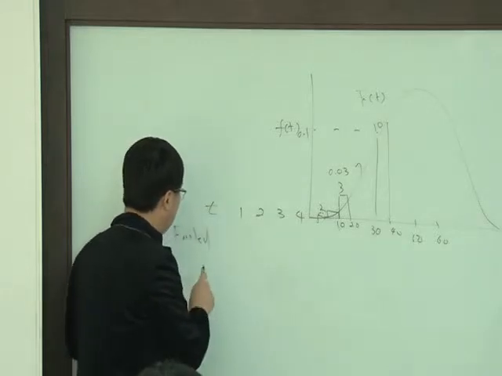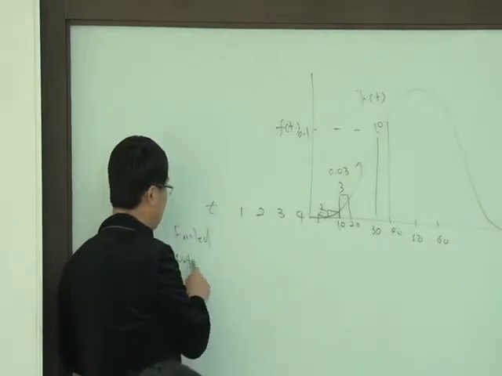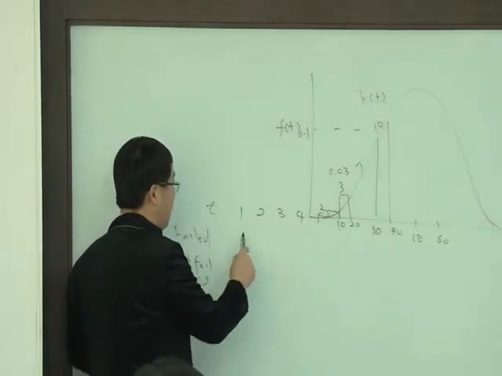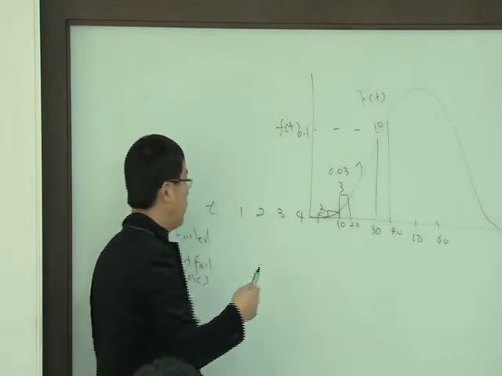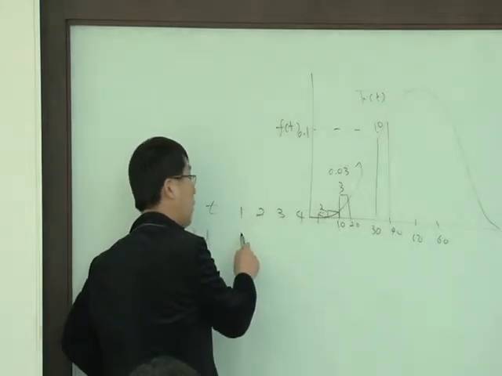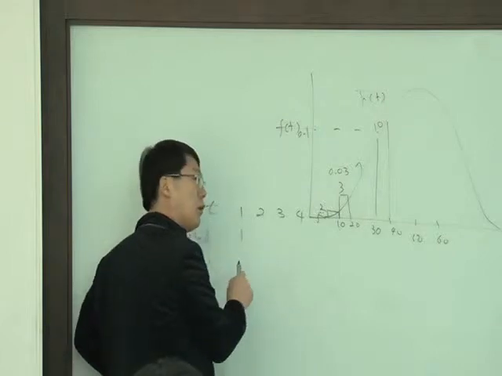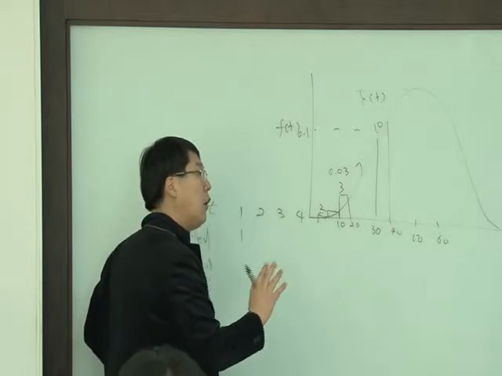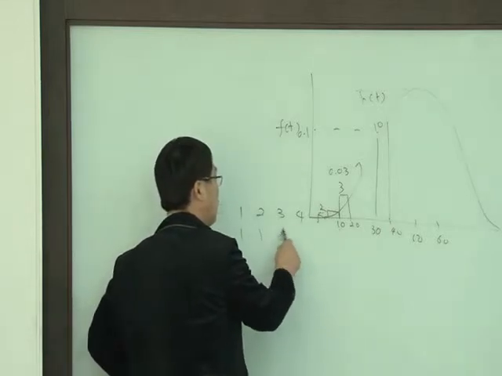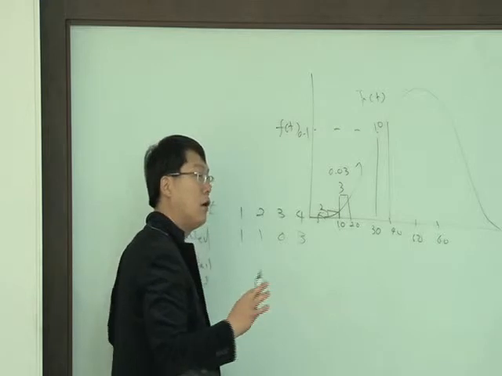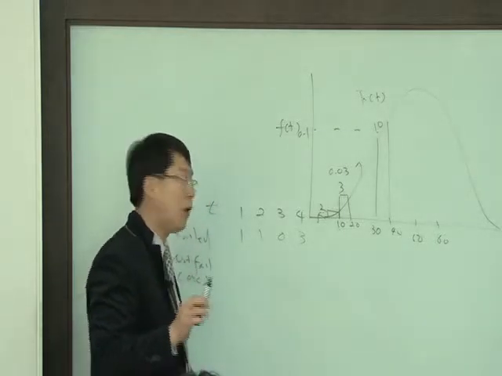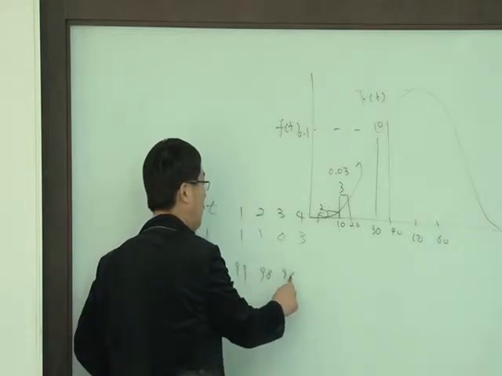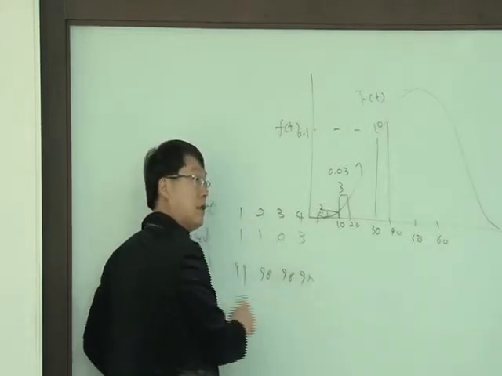After 1 hour, we find failed and not failed. Not failed means okay. We have 100 bulbs. After 1 hour, we found one. After 2 hours, we found another one, like this. So the number of unfailed bulbs would be 99, 98, 98, 95, like this.